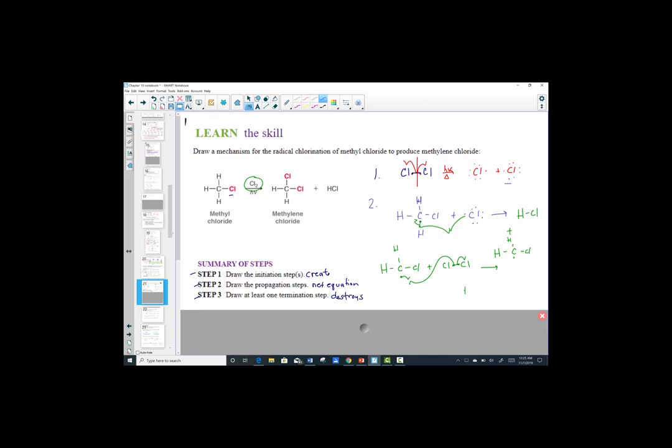So we have formed the original molecule now with the additional chlorine and have regenerated the chlorine radical from our first step. Now, if we think about what we've done, the initial reactant, methyl chloride.